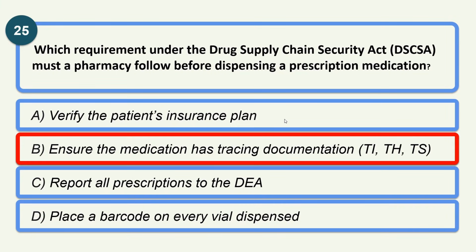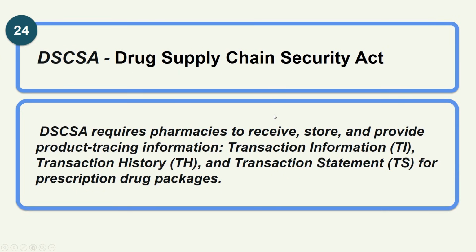The correct answer is B. DSCSA, the Drug Supply Chain Security Act, requires pharmacists to receive, store, and provide product tracking information, transaction information, transaction history, and transaction statement for prescription drug packages.